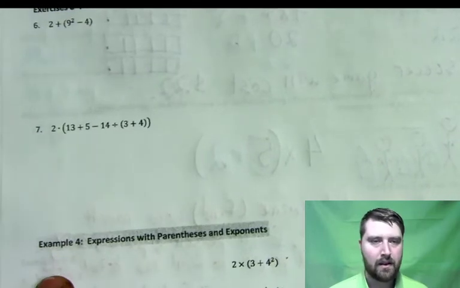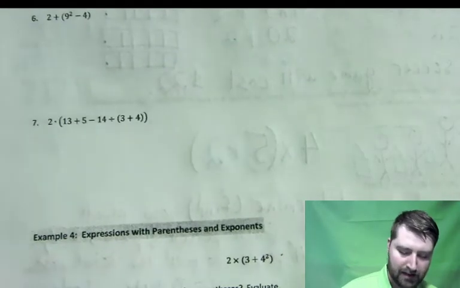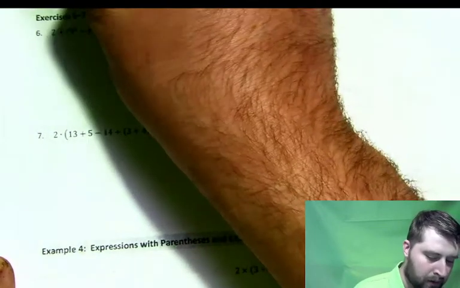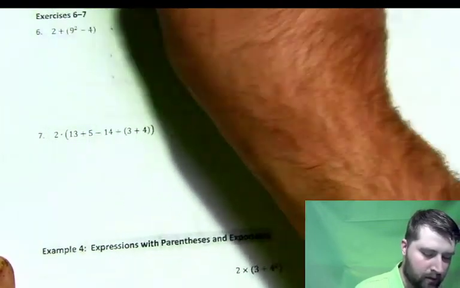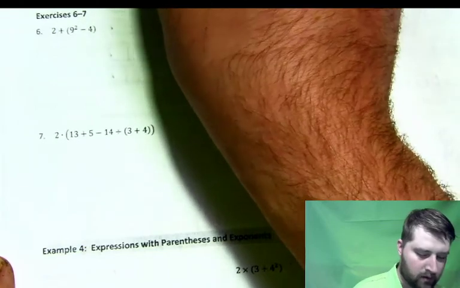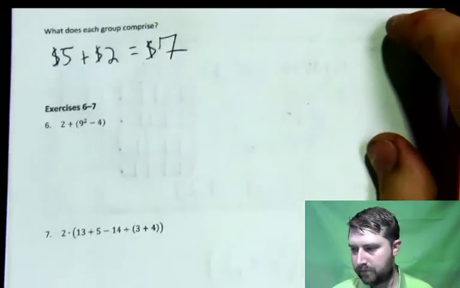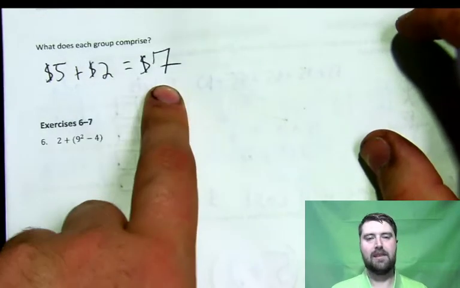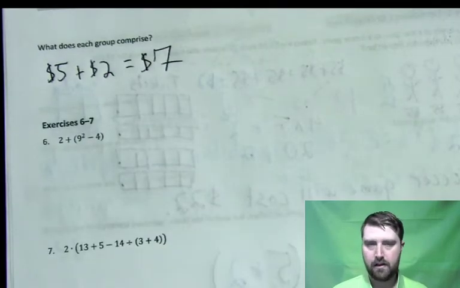And what does each group comprise? Each group comprises our ticket price plus our soda price, which equals $7.